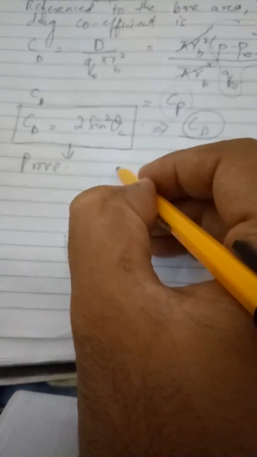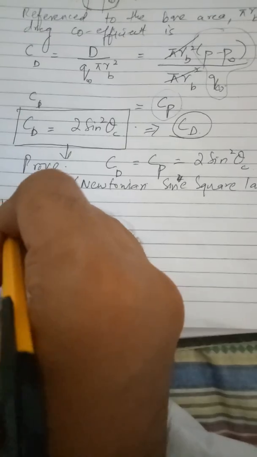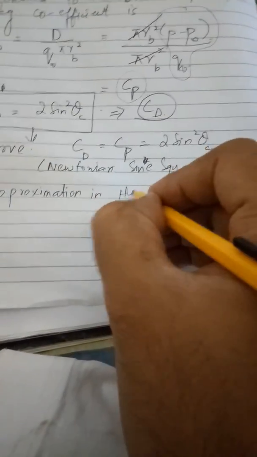Prove CD is equal to CP, for example in this case 2 sine square of theta, which is the Newtonian sine square law, and it is also referred to as the approximation in hypersonic inviscid flows, and also referred to as local surface inclination techniques.